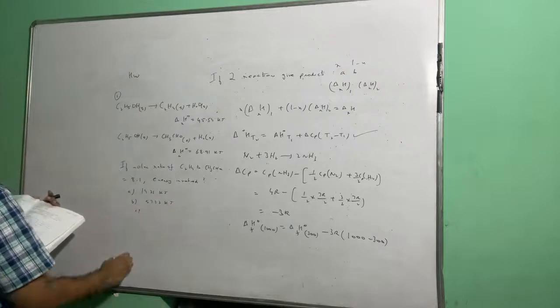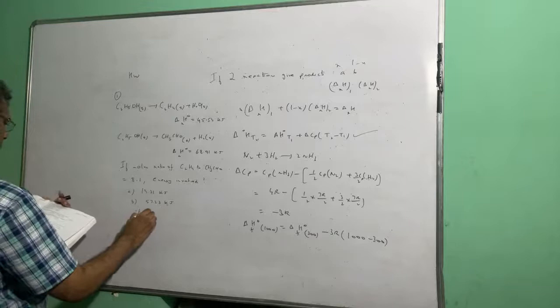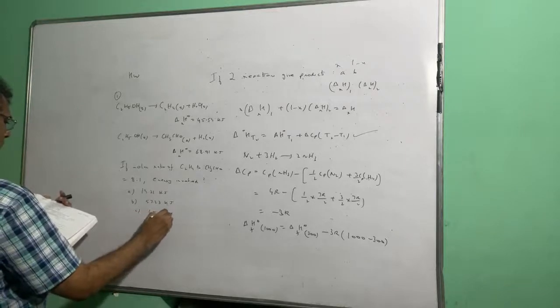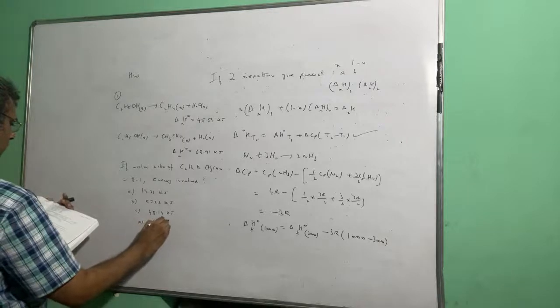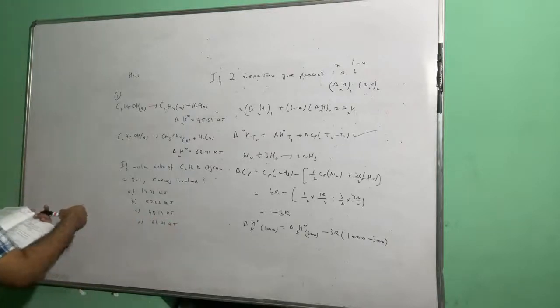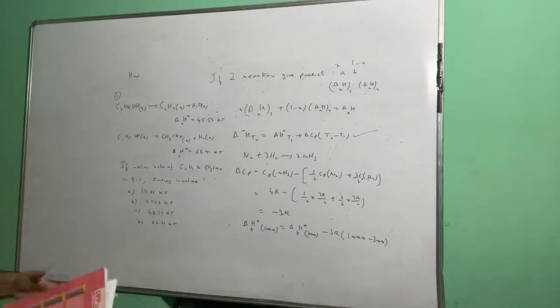The first option is 14.31 kilojoule, second is 57.23 kilojoule, third option is 48.14 kilojoule, fourth option is 66.31.